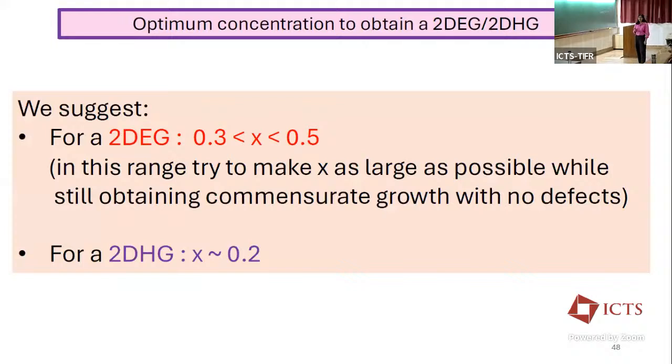So we suggest that a 2D electron gas can be formed for these concentrations, and this range 0.3 to 0.5 has been set as a suggestion by our calculations, but we need to make X as large as possible so that we can have a disorder-free commensurate growth, and still we have a proper band alignment. And for a 2D hole gas, we need low values of X, around 0.2 is what we suggest.